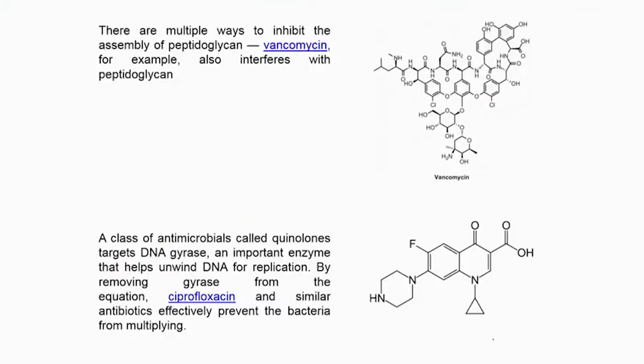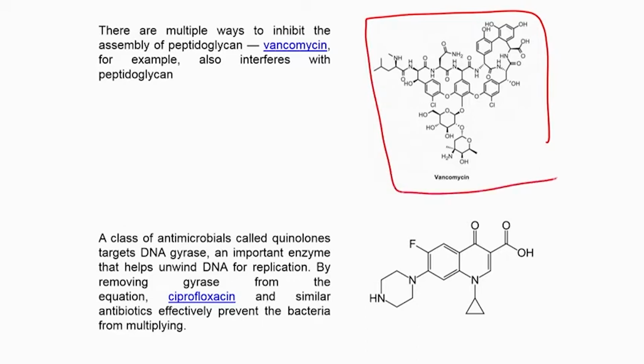Then you have the vancomycin we are talking about, one of our last lines of defense. Vancomycin actually stops the assembly of the peptidoglycan unit. So, the peptidoglycan has to assemble, with the peptides hanging from the glycan units.